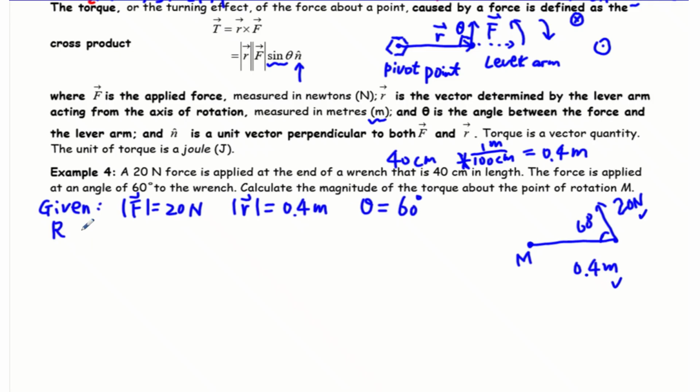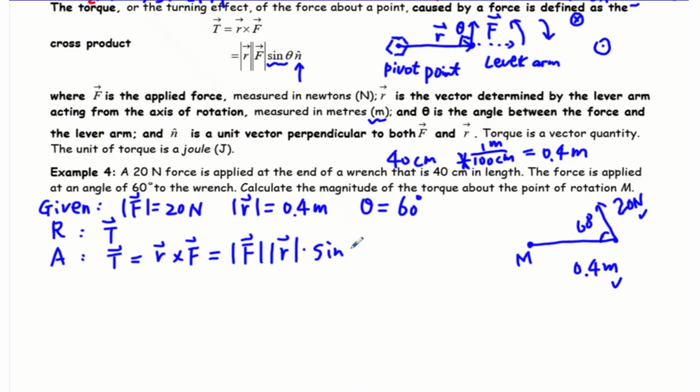Required to find is the torque. Analysis: torque equals the cross product R cross F, and the magnitude is F R sine theta times the direction. This one only asks for the magnitude, so it's just this part.